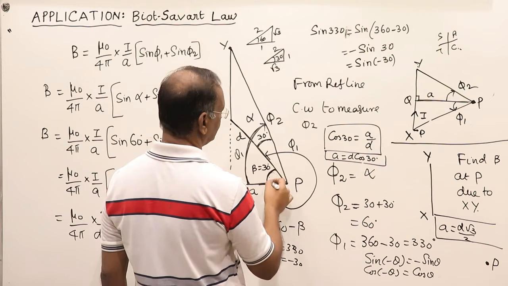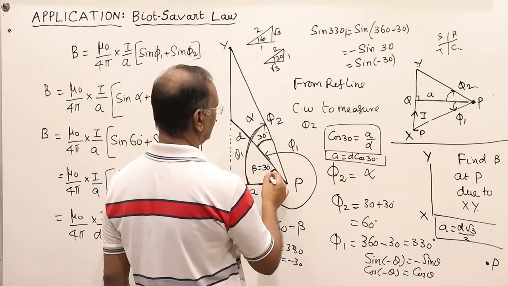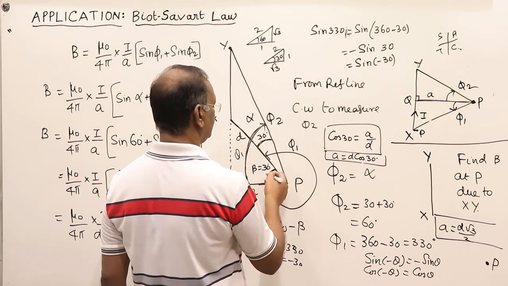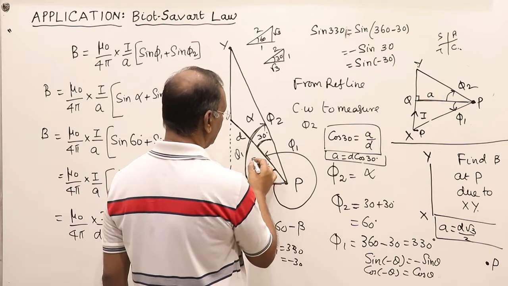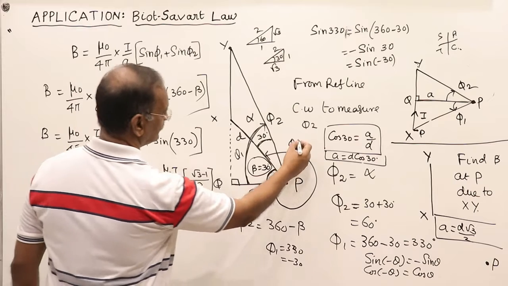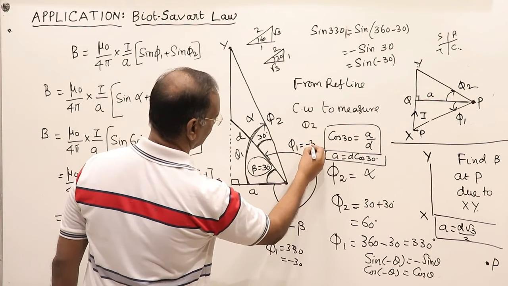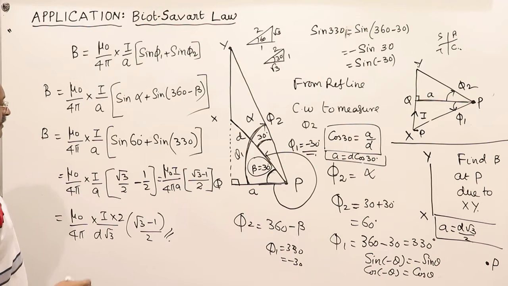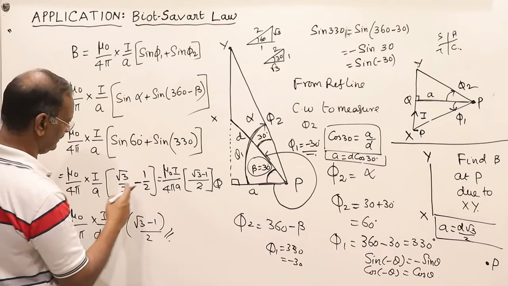If this angle is known, we cannot write straight away 30. Since if this way is positive and we are coming this way, we can write this angle as negative, phi 1 is equal to minus 30 degrees, as we have found out. It's the shortest way. When putting this value, is there anything wrong in this?